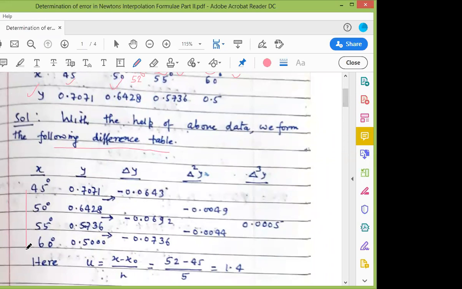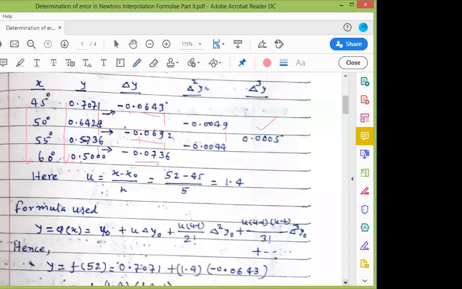The first forward difference is this; the arrows mean each is in between the two values. The second difference is in between these, and the third difference has only two values, so the difference is this.